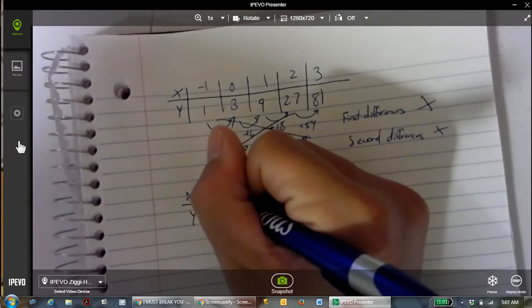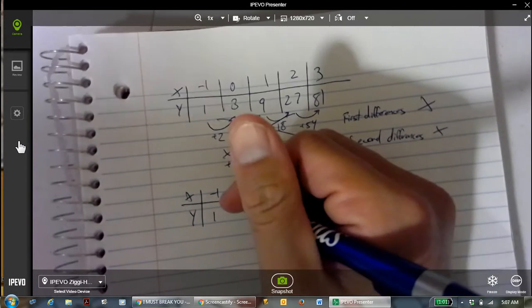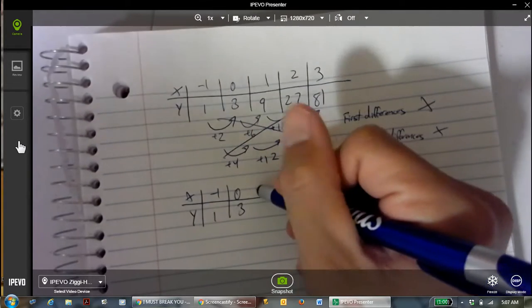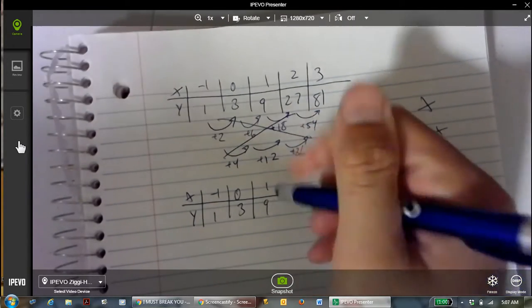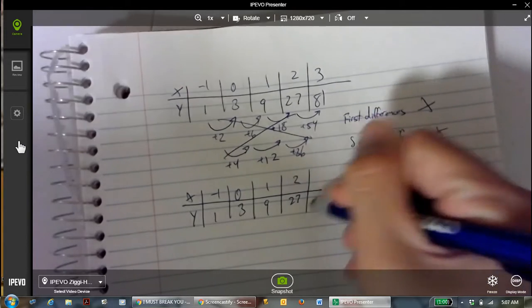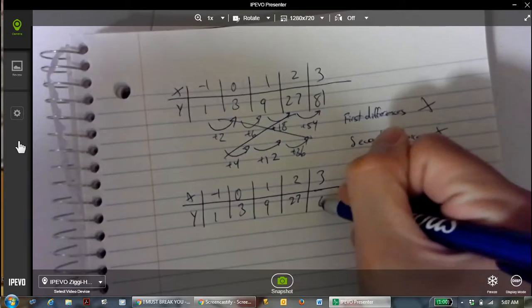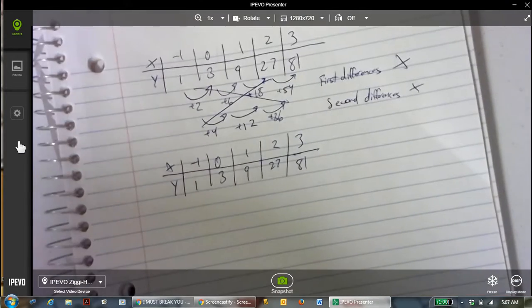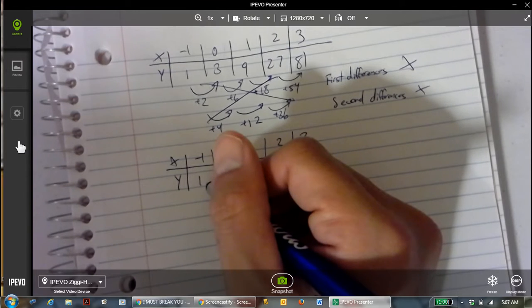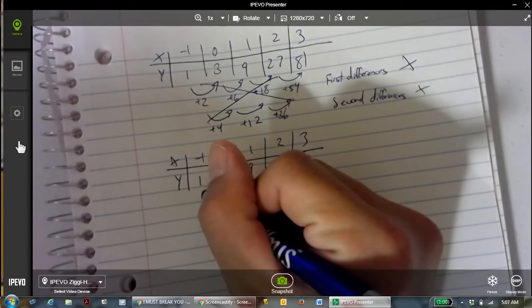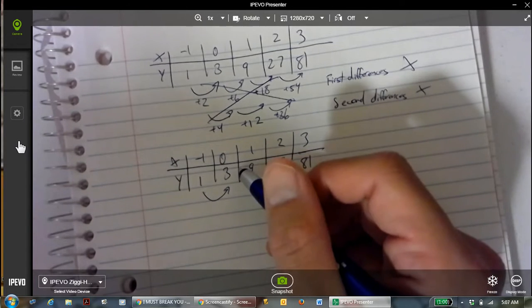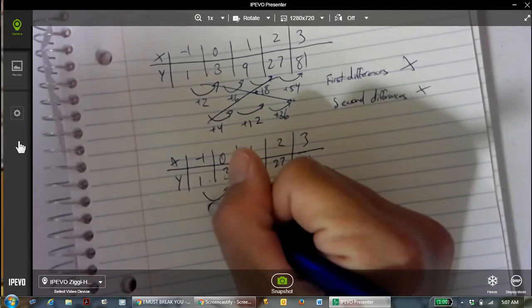You don't have to actually rewrite this when you're doing the work, but I just want to make it very clear in the notes what's going on. What I'm going to do now is divide these two. So this is a completely different test.